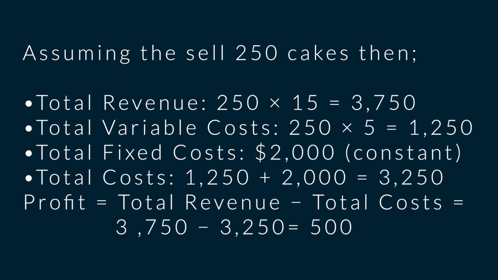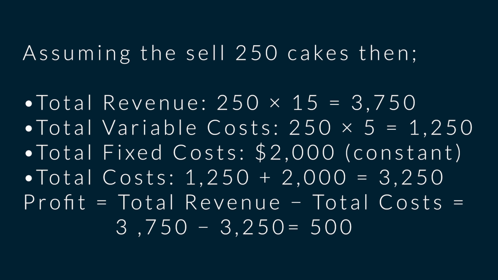Assuming they sell 250 cakes, then total revenue will be 250 times 15, the selling price, which is 3,750. The total variable cost in that case will be 250 times 5, the variable cost per unit, and that is 1,250. Fixed cost is 2,000, which is constant. So the total cost will be 1,250 plus 2,000, which equals 3,250.